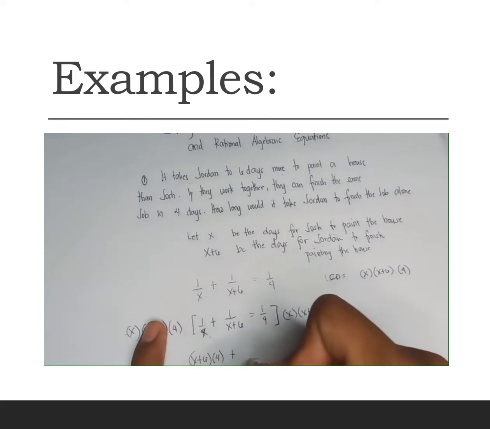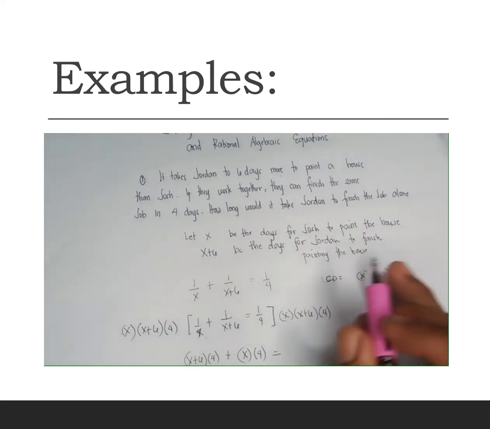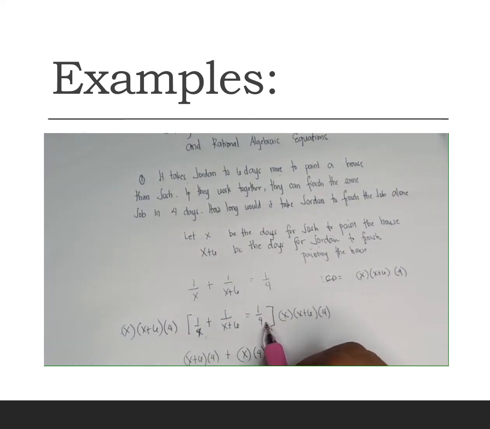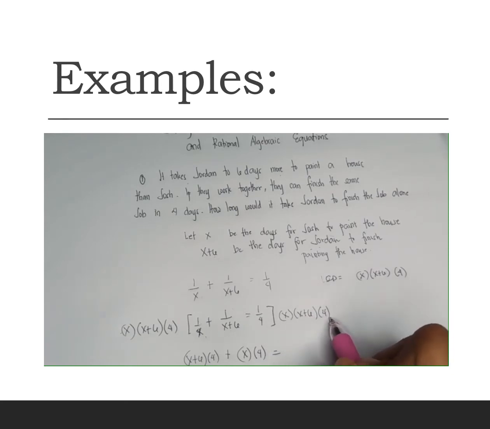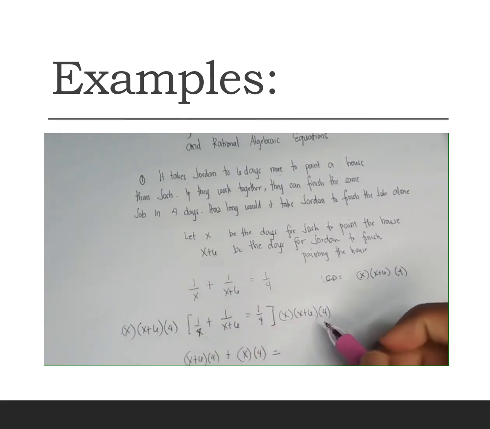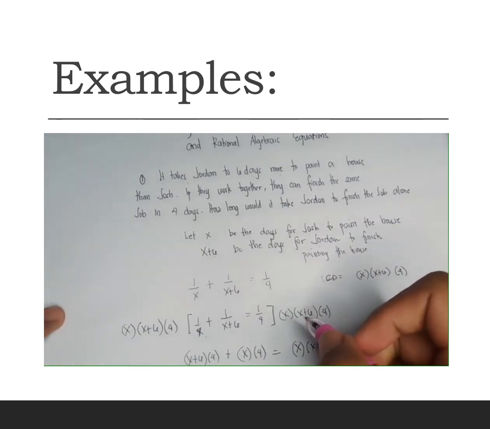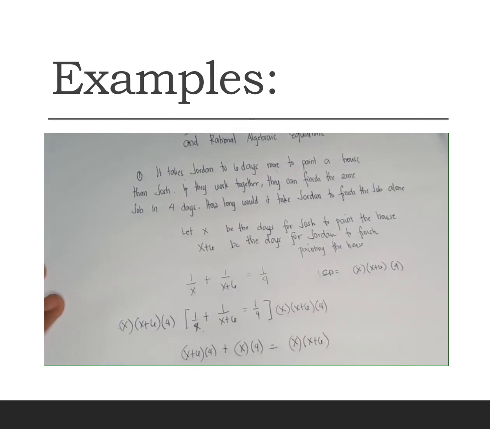So we have x times 4 is equal to, from this right side, 1 over 4 multiplied to x times x plus 6 times 4. So the 4 is removed there. What remains is x multiplied to x plus 6. So we have x plus 6.